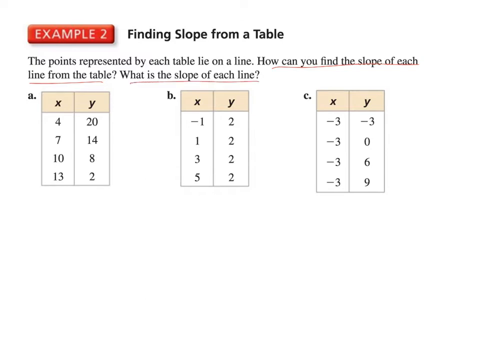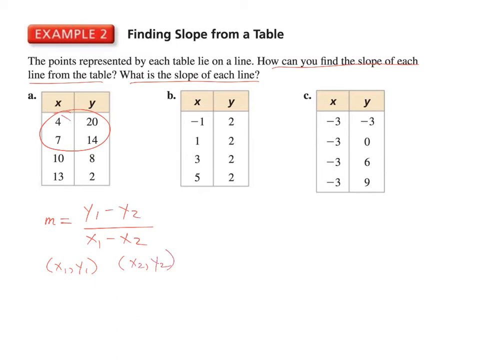What is the slope of each line? For part A, I'm just going to choose the first 2 points. Here is my slope formula: y1 minus y2 over x1 minus x2. My first point is x1, y1, and then I have x2, y2.